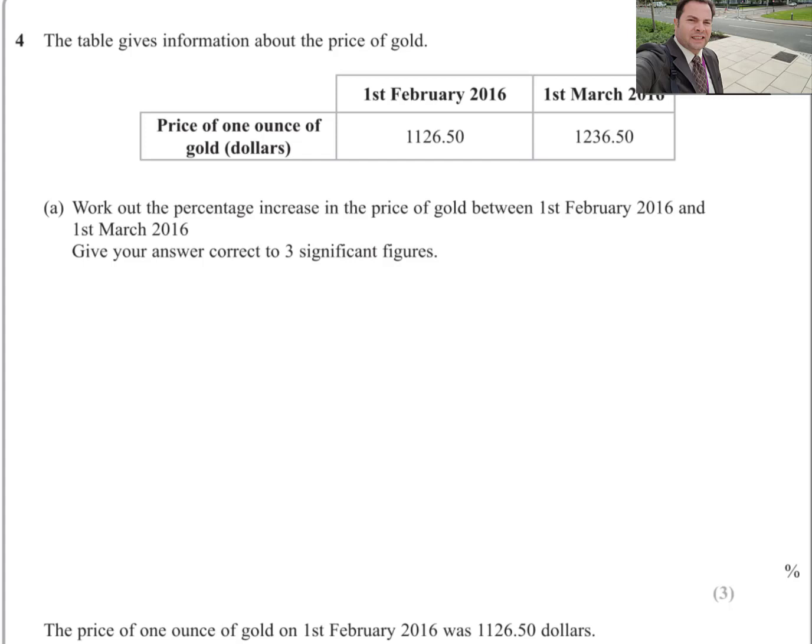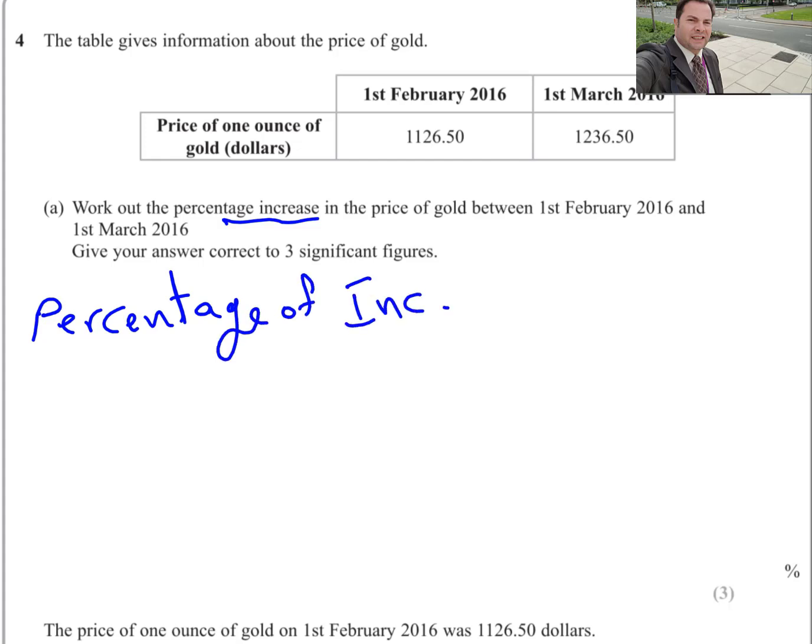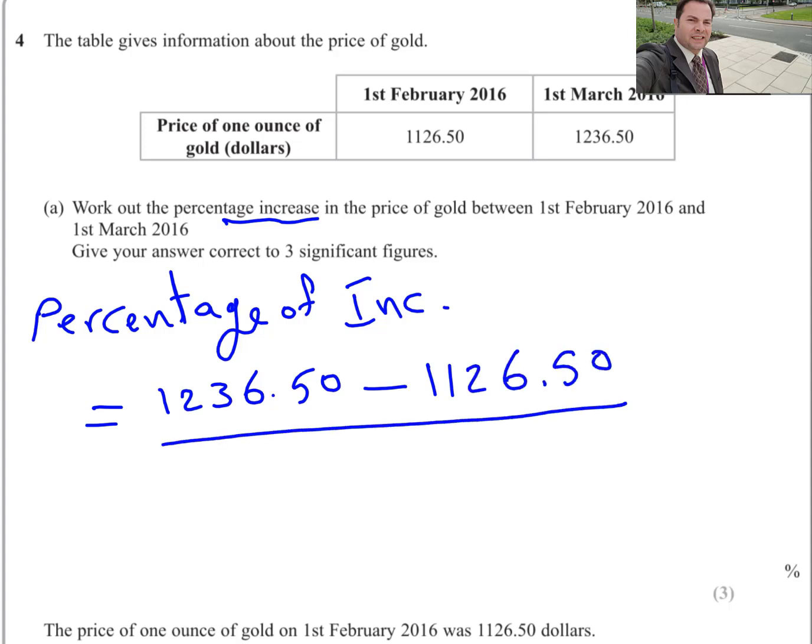Again, you can apply the formula directly to get the percentage of increase, which is equal to the value of increase, 1236.50 minus the original 1126.50, divided by the original one, which is 1126.50, multiplied by 100%.